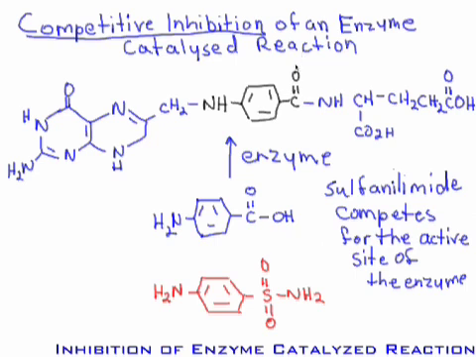Some bacteria can actually produce their own PABA, which will compete against the drug, requiring higher doses, which can be problematic. Okay, so this is a nice example of how understanding the active site of an enzyme, understanding the chemistry of the substrates and how they react, how they function in a cell, can be used to develop drug strategies for the treatment of disease.